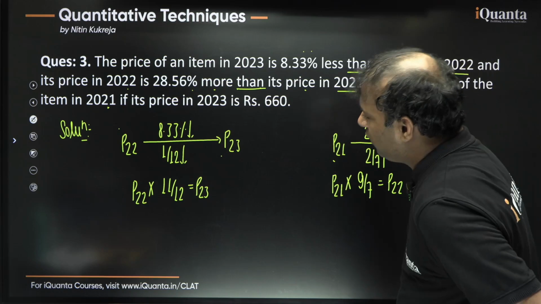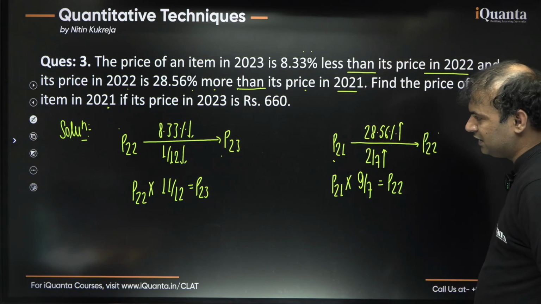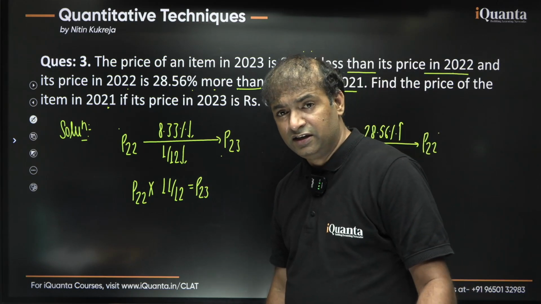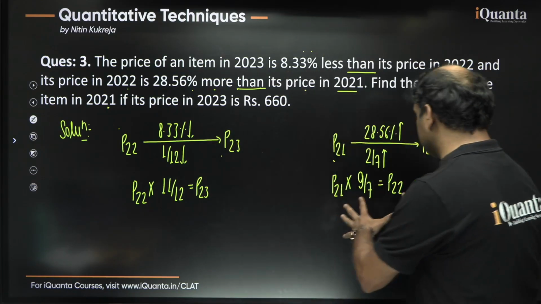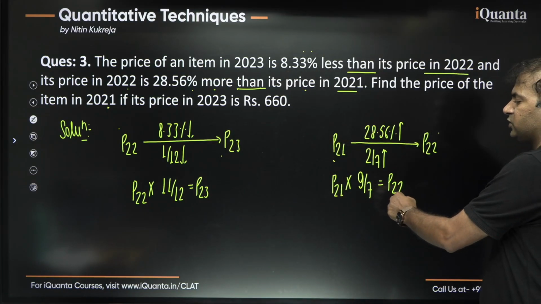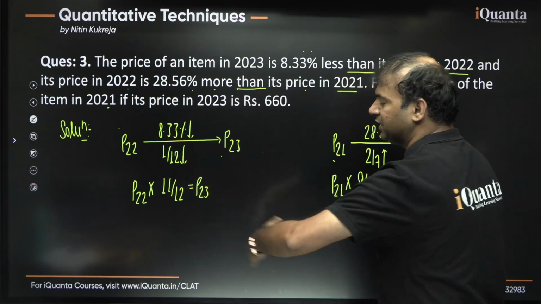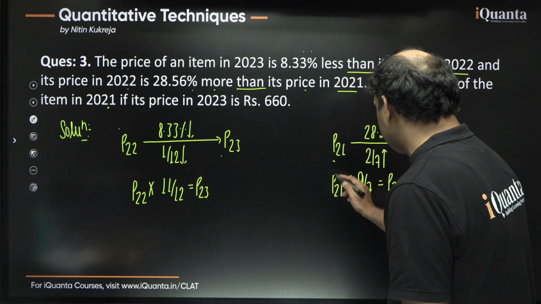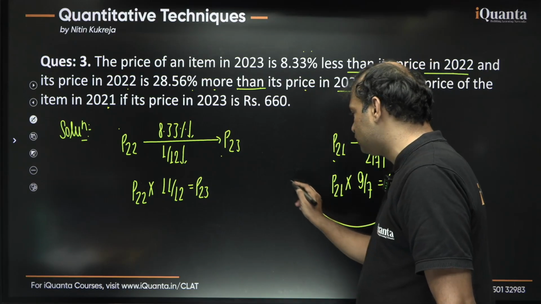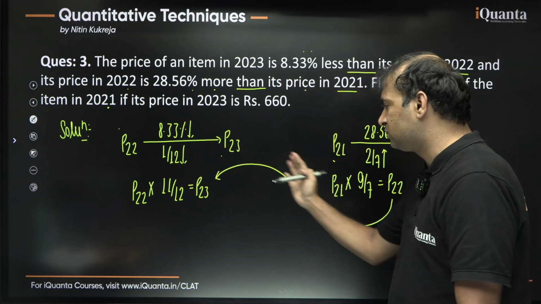Okay, now let's try to find the relation between price in 23 and 21. So we can do one thing, guys. By using this, we can put the value of price in 22 over here, so that we can get a direct relation between price in 21 and 23. So what I'm going to do, I'm just going to put the value of price in 22 from this equation to this equation, right?